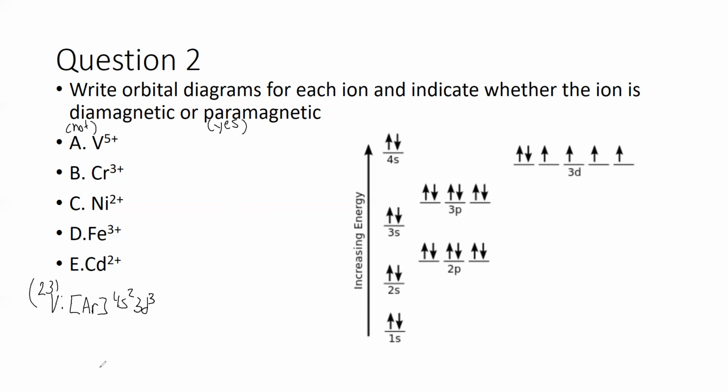So that's neutral V. And since I'm going to take away 5 electrons, let me write it in a different way that's equivalent. Another way I could write this is neon, 3s2, 3p6, 4s2, 3d3.